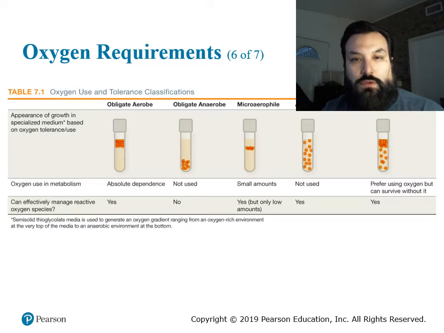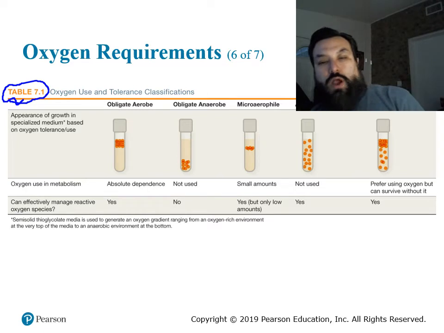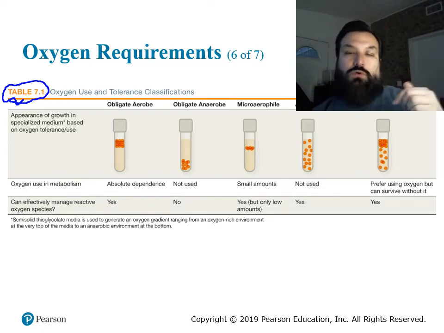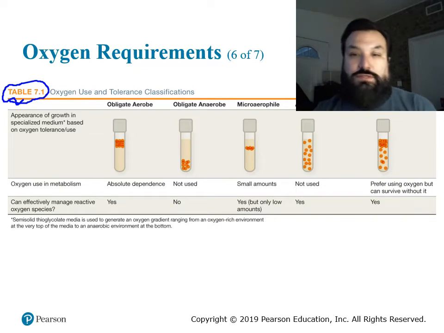Okay, so this table, I want you to make sure that you really study this table. Not that the table is going to be in the test. The table is used to study what we just talked about, oxygen use and the tolerance of oxygen. These help you to understand oxygen requirements or not requirements, or if they can tolerate oxygen. So you see every single one of these, okay?